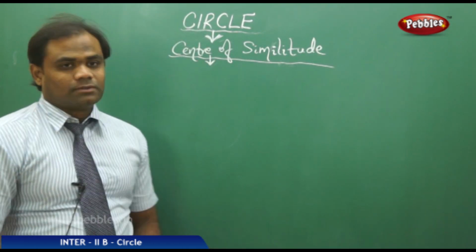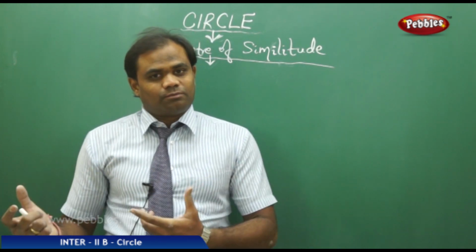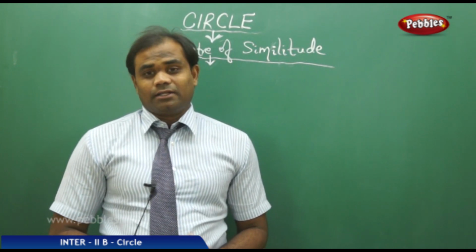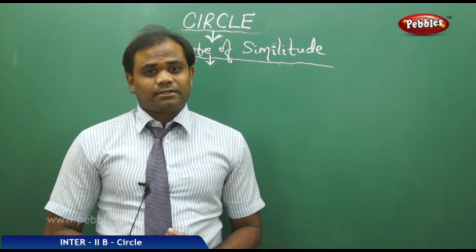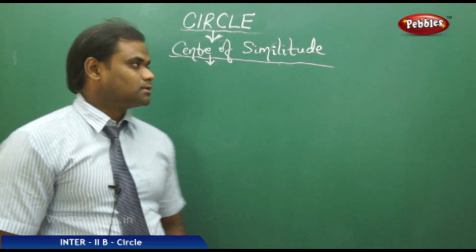Center of similitude. Now that we have discussed the common tangents for three types of possibilities of circles: touching, intersecting and disjoint, let's connect the center of similitude with those three cases of the circles.